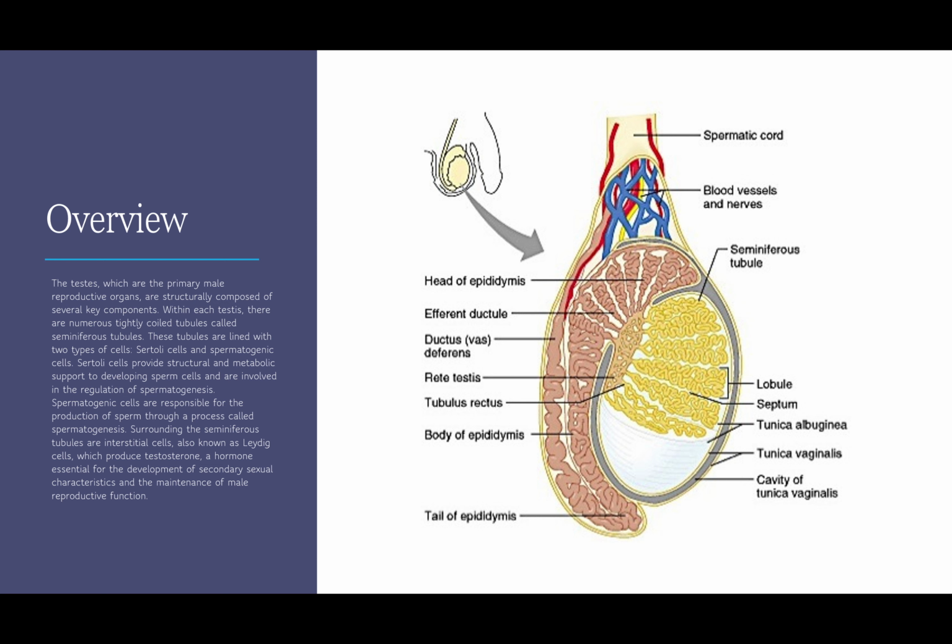So the epididymis is out here, but at the testes we have the seminiferous tubules, the tunica albuginea, then the tunica vaginalis, then the cavity of the tunica vaginalis. These are layers that the seminiferous tubules are held in, and together it is called the testis.